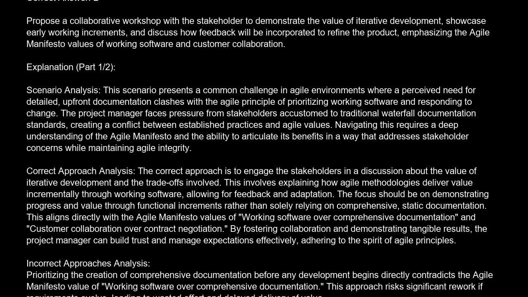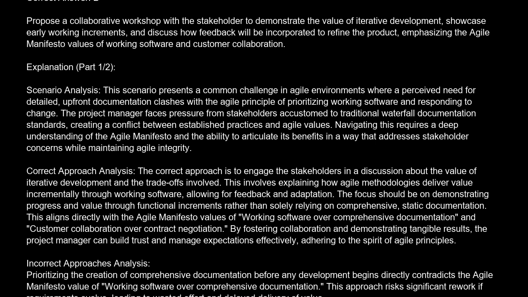Correct approach analysis. The correct approach is to engage the stakeholders in a discussion about the value of iterative development and the trade-offs involved. This involves explaining how Agile methodologies deliver value incrementally through working software, allowing for feedback and adaptation. The focus should be on demonstrating progress and value through functional increments rather than solely relying on comprehensive, static documentation.